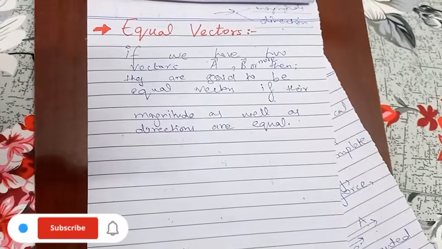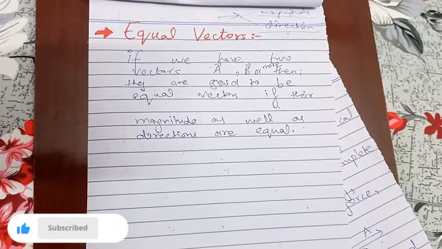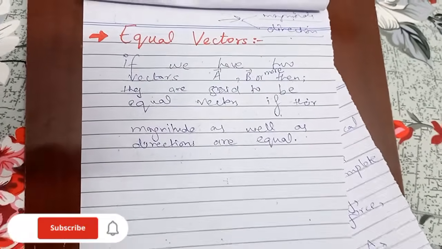It means their unit vectors will be the same. It means their magnitudes will be the same as well.